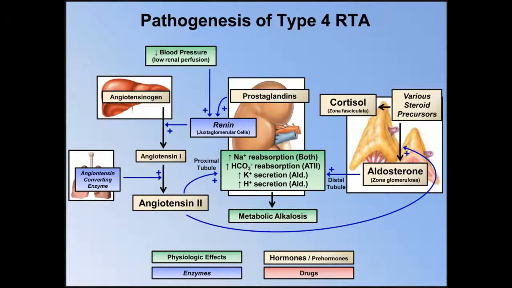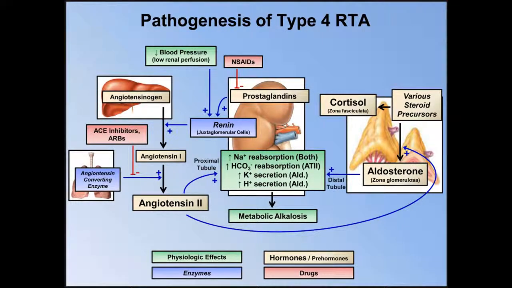First and most obviously are the antihypertensive ACE inhibitors, which, as their name implies, block the action of angiotensin-converting enzyme. Angiotensin receptor blockers, or ARBs, have the same end effect. NSAIDs interfere with two steps. They block synthesis of the prostaglandins, which mediate the production and/or release of renin.